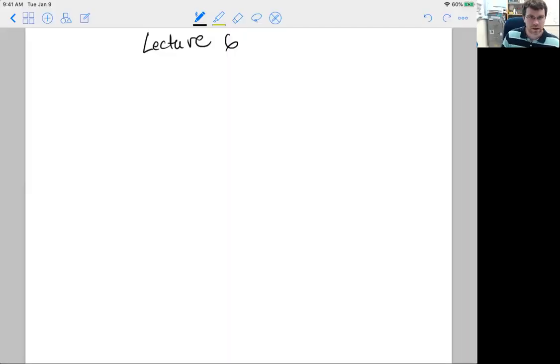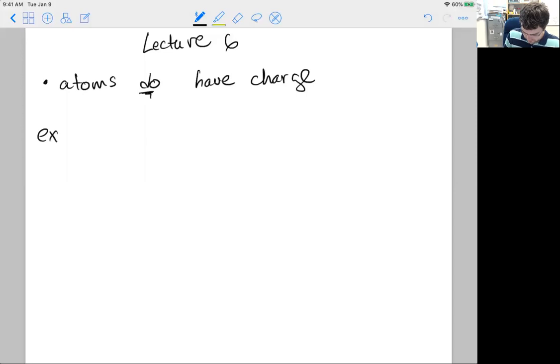Okay, so the first thing we want to recognize is that atoms do have charge. It's kind of a weird place to put the word do, but we'll get to why atoms do have charge in a second.